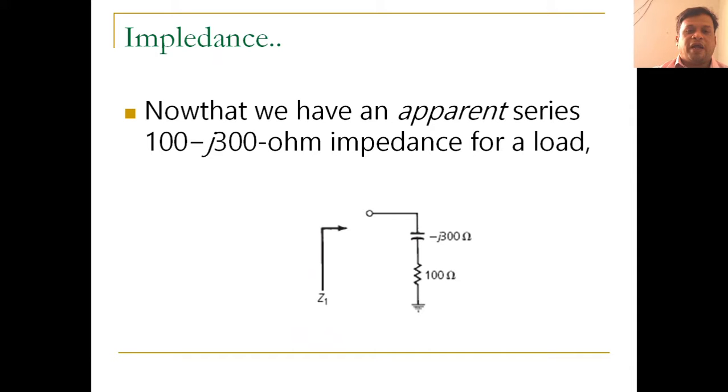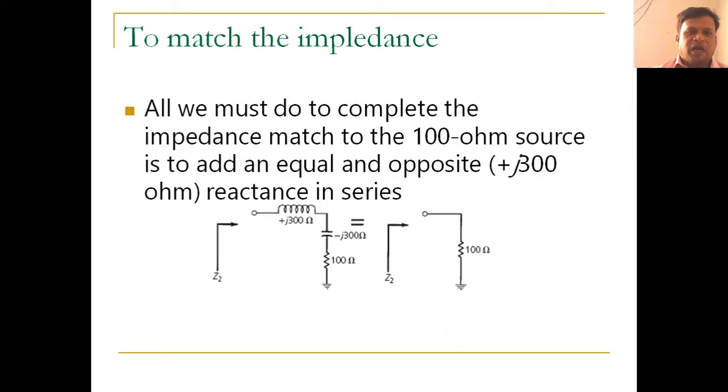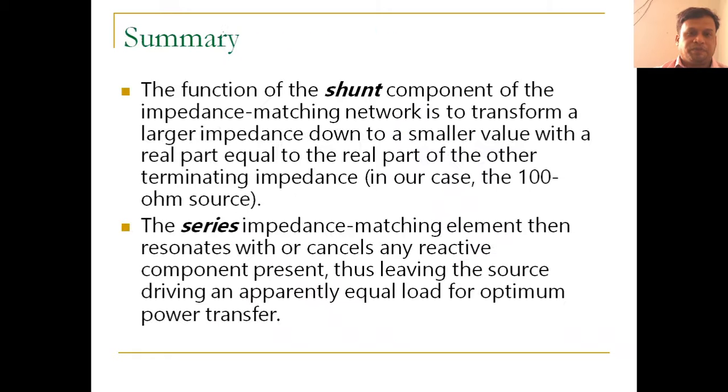We made a branch for it, and then included it in the main circuit. After including it, we saw that the two reactances cancelled and the 100 ohm resistor remained. So what did we understand from this?